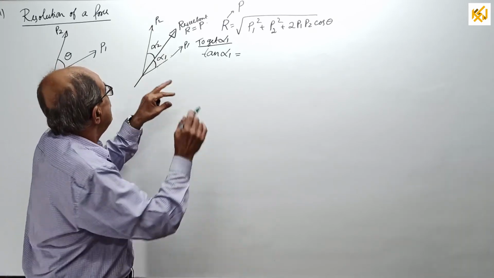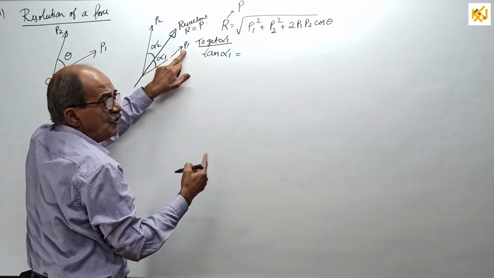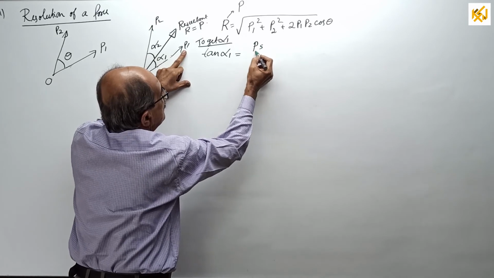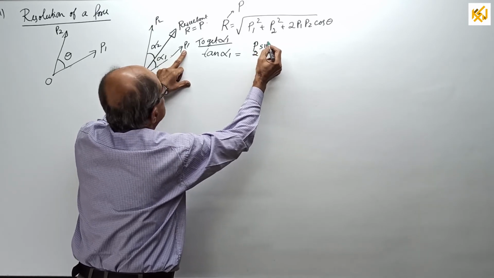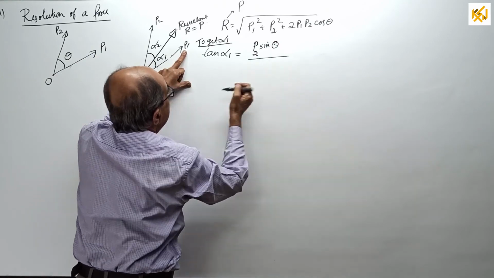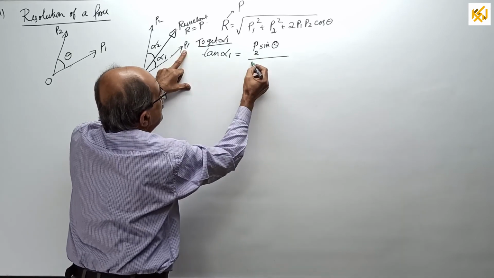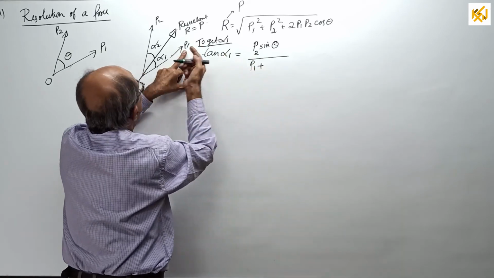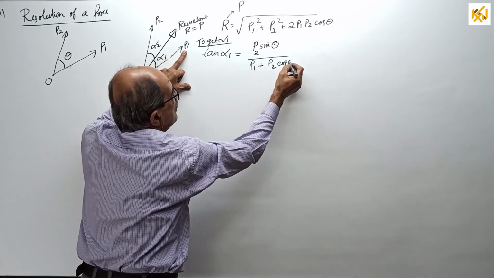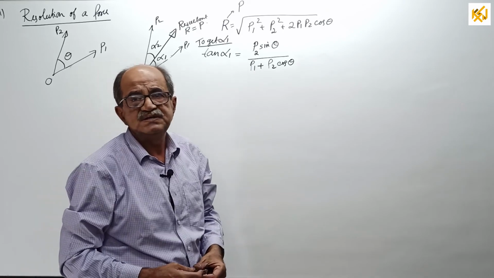If you want the angle made by the resultant with the force P1, the formula is: other force P2 into sine of this angle theta, divided by this force P1 plus once again the other force P2 into cos theta. So it is very easy to remember by words.